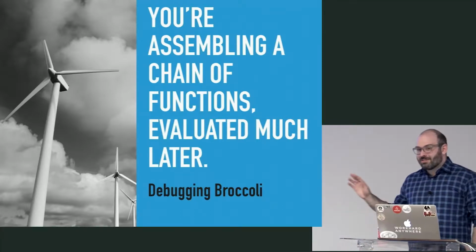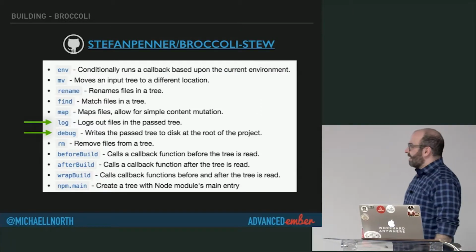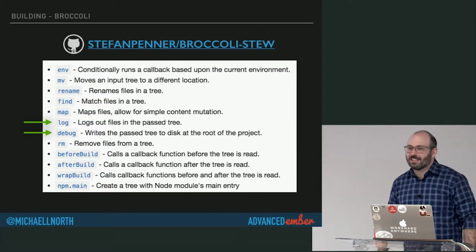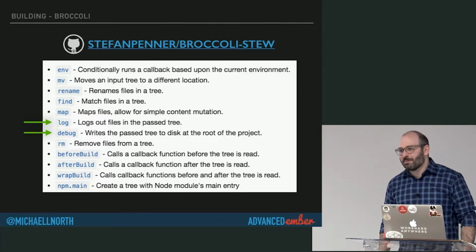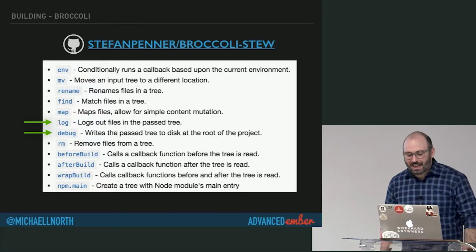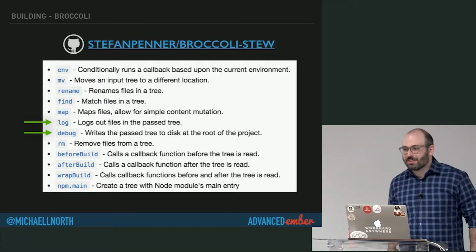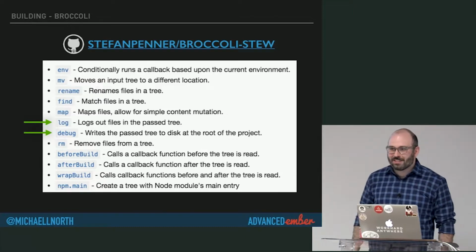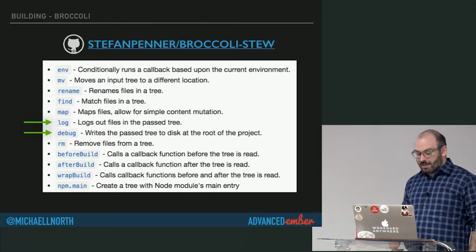The main hurdle when building Broccoli plugins is debugging. Use this library. It is called Broccoli Stew, and it's by Stefan Penner, who's an Ember core team member, one of the point people for Ember CLI and a contributor to Broccoli itself. It's basically a Swiss Army knife, and the two methods that are useful for debugging are log and debug.